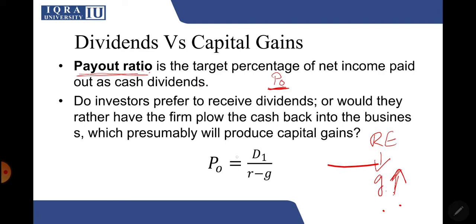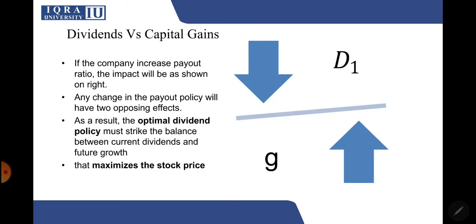Now this is the constant growth formula. We're going to use this formula to see how an increase in the payout ratio impacts your stock price. So if the company increases the payout ratio, the impact will be as shown on the right. I'm going to write the formula over here as well.